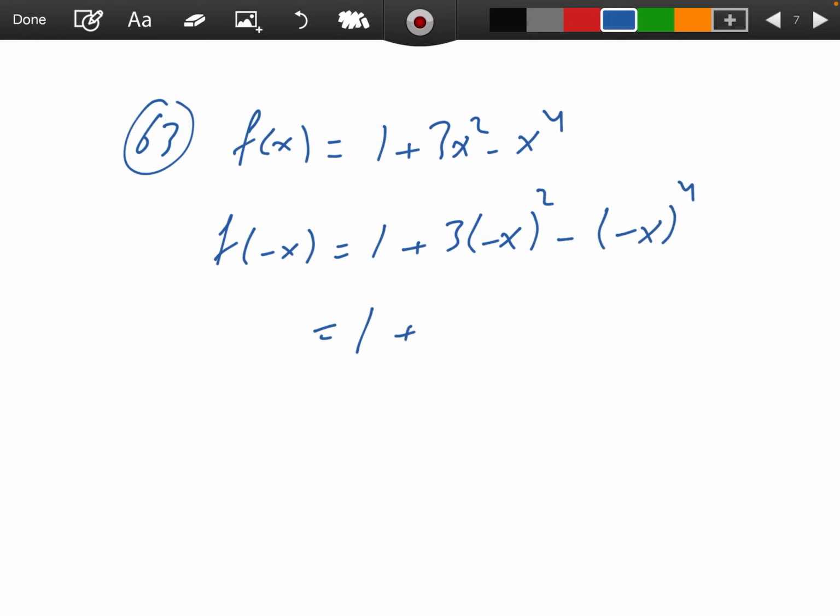Simplify it: 1 plus 3, and negative x to the power 2 is positive, so 3x squared, negative outside, and negative x to the power 4 is positive x to the power 4. Comparing with the main function, I find it's the same, so this is even.